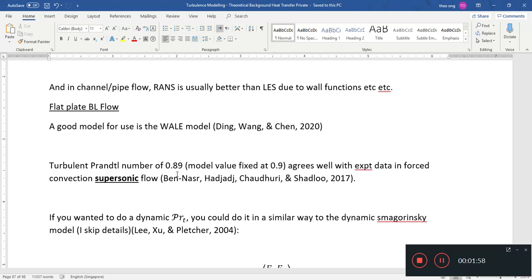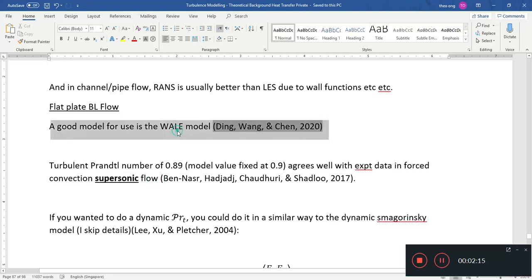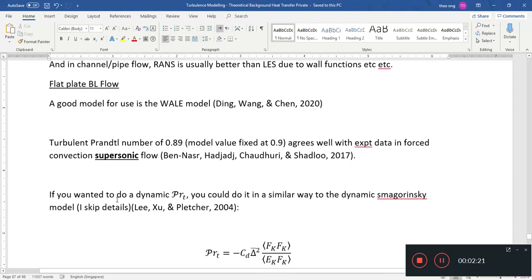And they use a constant Prandtl number. They use a turbulent Prandtl number of 0.89 or 0.9, and it agrees well with forced convection. This one was actually for mixed convection, but anyhow, it's a good model to use for this.